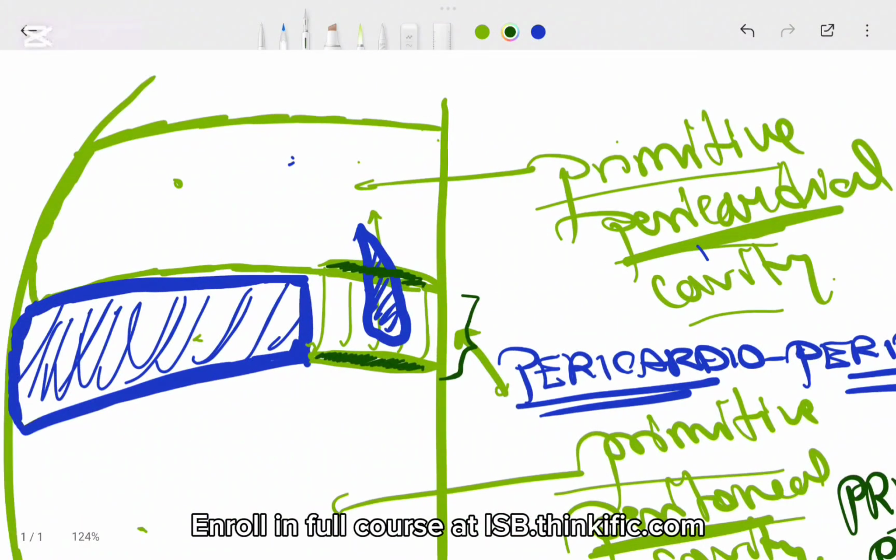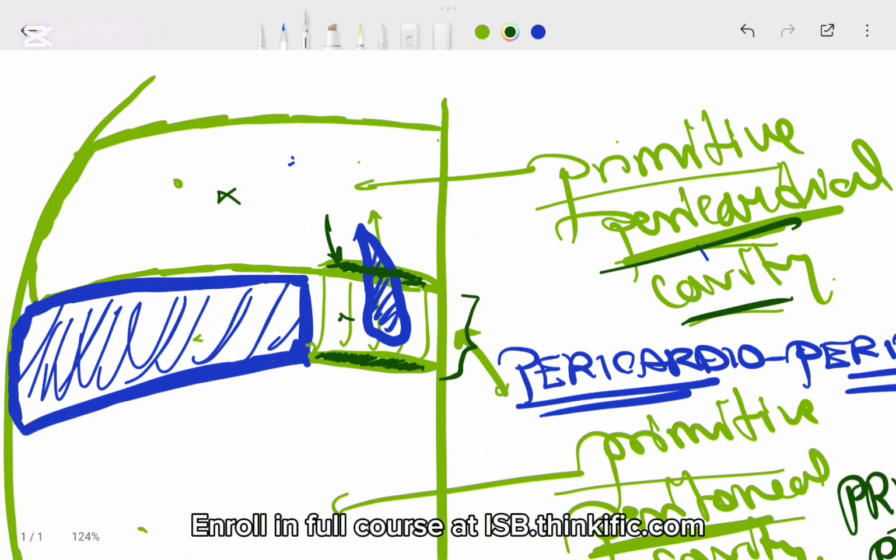Since this is the future pleural cavity, which is essentially the same as the pericardio-peritoneal canal, this membrane, what are we going to name it? Well, we changed the name. We cannot call it pericardio-peritoneal canal primitive pericardial cavity membrane. That will be very long, right? Because it's a membrane essentially between the canal and the primitive pericardial cavity.